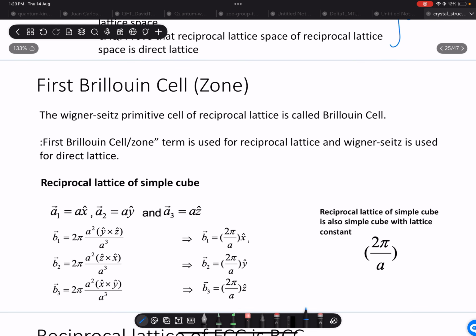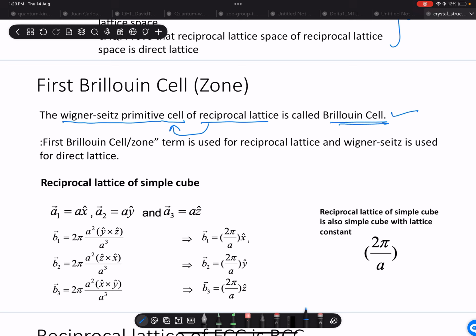And then we are going to define something called the first Brillouin zone. We saw that there is something called the Wigner-Seitz primitive unit cell. You construct a reciprocal lattice space, and in that space you construct a Wigner-Seitz primitive unit cell. That is called the Brillouin zone cell.